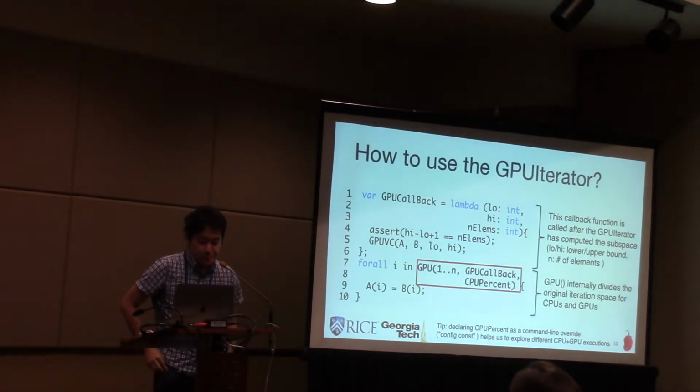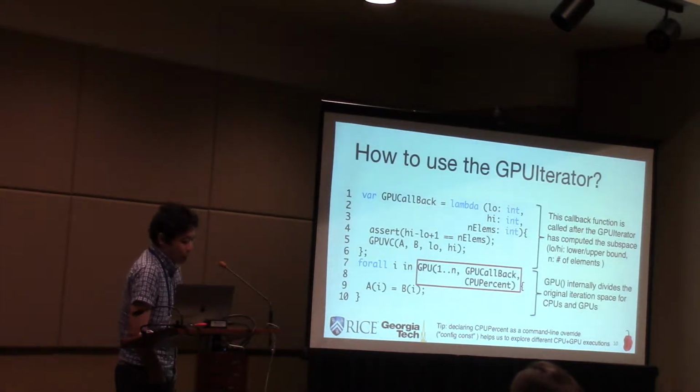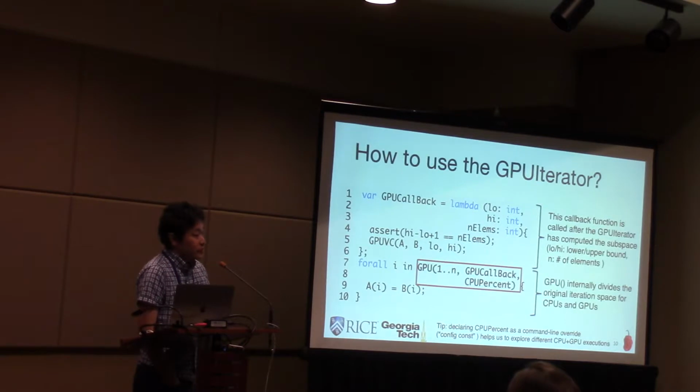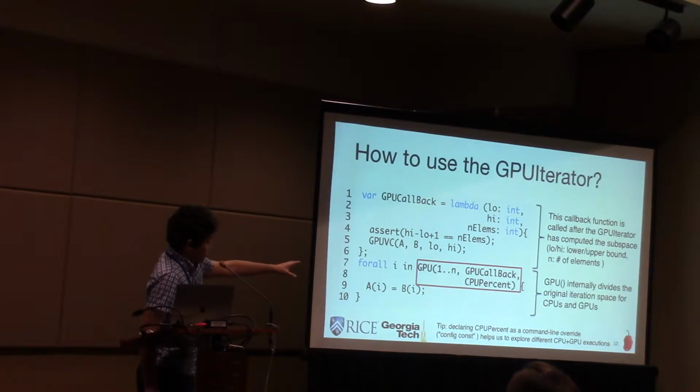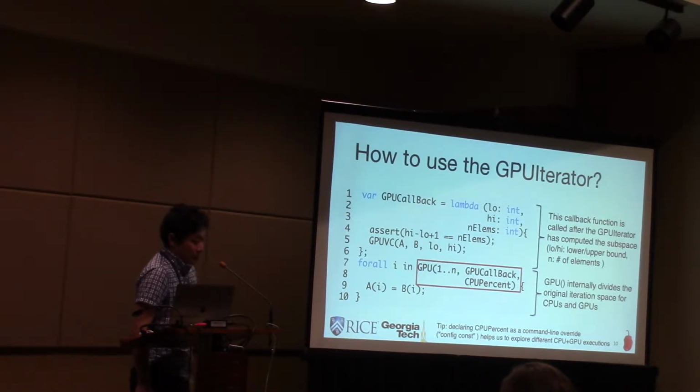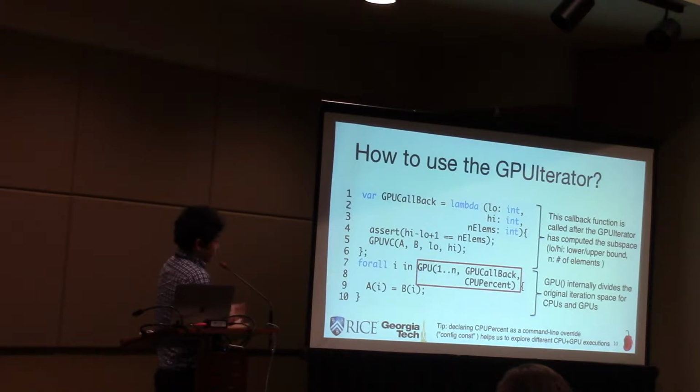Let me also give you more details on the GPUIterator. As I mentioned earlier, the code at the bottom is very similar to the original for loop. The only difference is that you invoke the GPUIterator within the for loop, and you have to give additional arguments, which are actually very tiny.